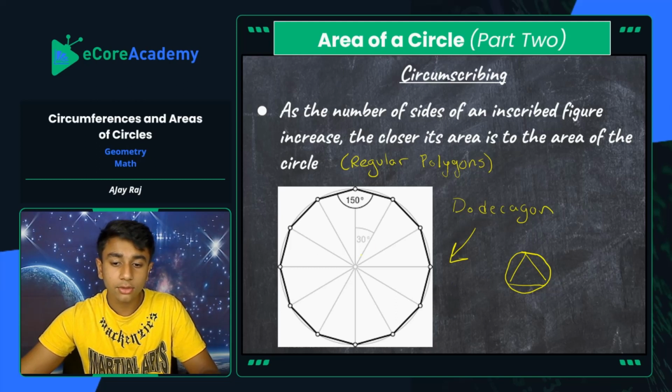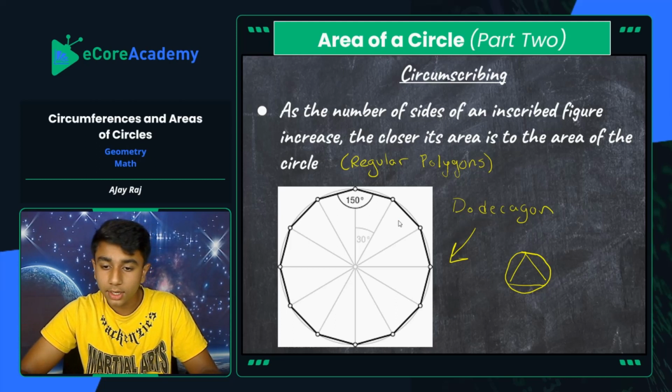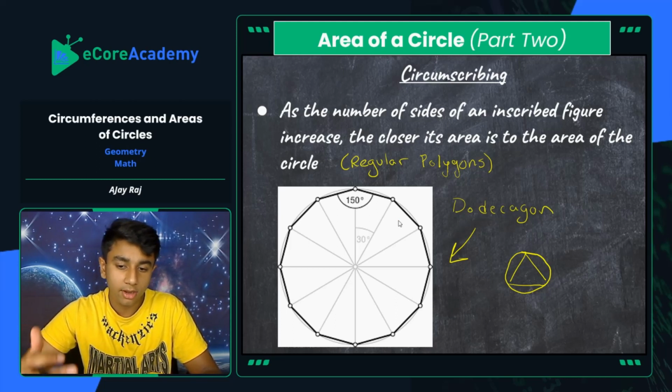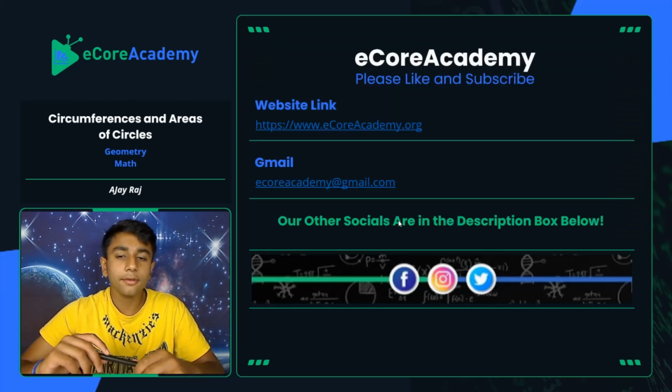But this dodecagon looks almost like the circle that is wrapped around it, and therefore it would have a very, very close area. And this very property can be utilized to estimate the area of a circle, because if you knew the area of a dodecagon, you can merely approximate that value to be equivalent to the area of that circumscribing circle.